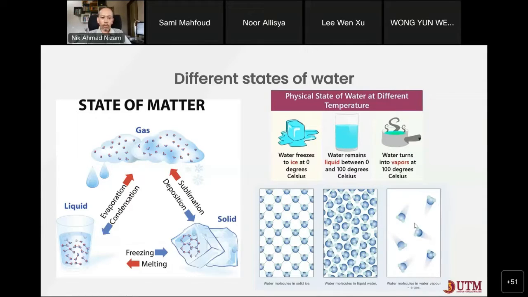And there is a strong hydrogen bonding for the solid. That's why water will evaporate at really high temperature, 100 degrees Celsius.